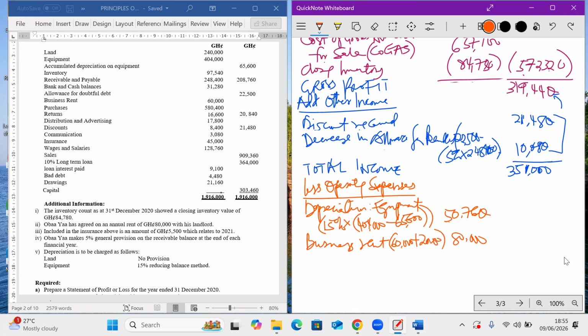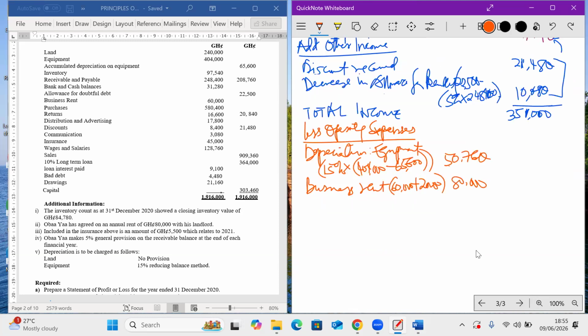The 20,000 our buyer hasn't paid is called accrued expense. You are owing 80,000, you have paid 60,000, it means you owe 20,000. So write this down.